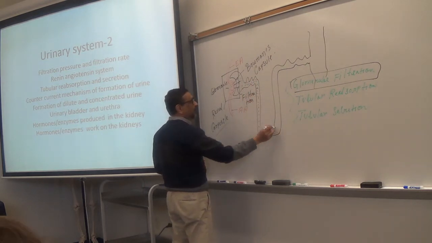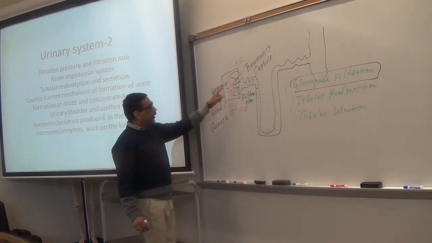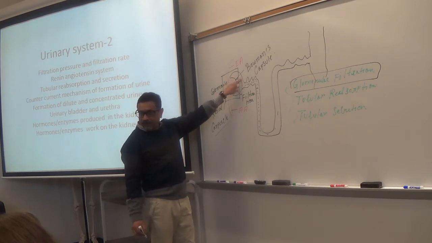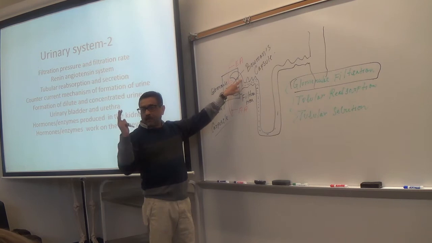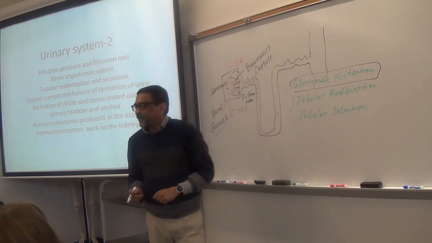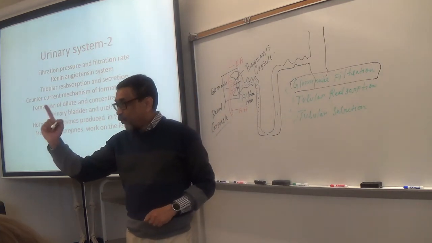How much fluid enters into the nephron in 1 minute in 2 kidneys together? 2 kidneys means how many nephrons? Anybody? Each kidney has about 1 million, right?